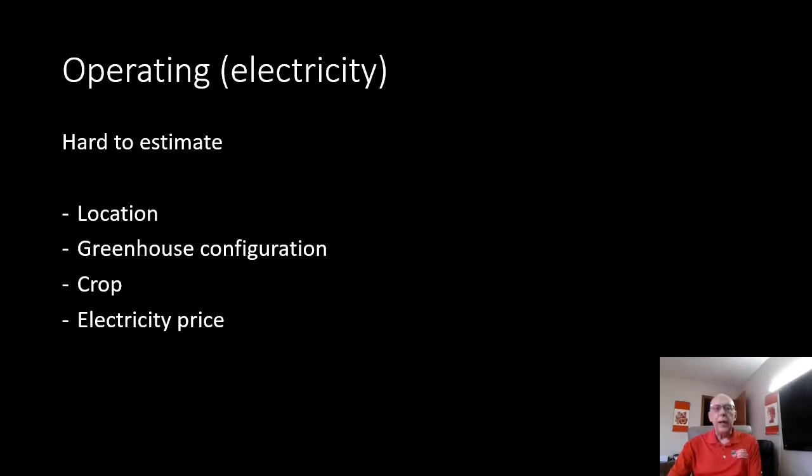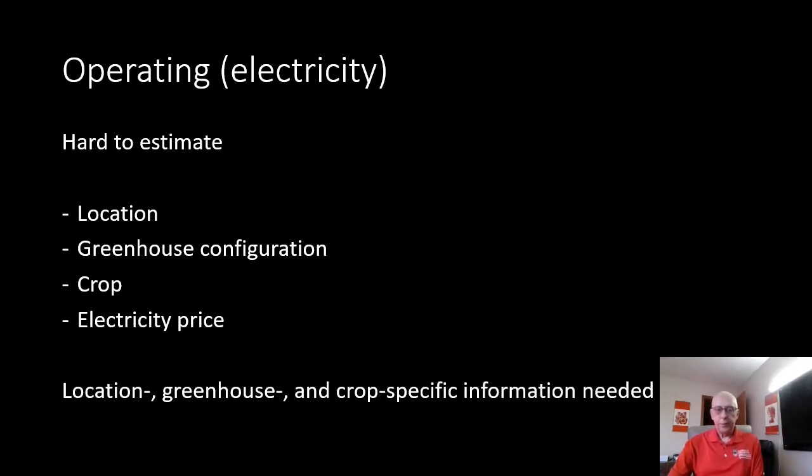So in our calculator, we ask you for some basic information regarding these different factors, and then based on your location and other information that you submit, we provide you with estimates of how much the weekly and annual costs are for providing supplemental light in your greenhouse. And so that location, greenhouse, and crop specific information is entered by you as a user, and we subsequently provide you with the cost estimates.